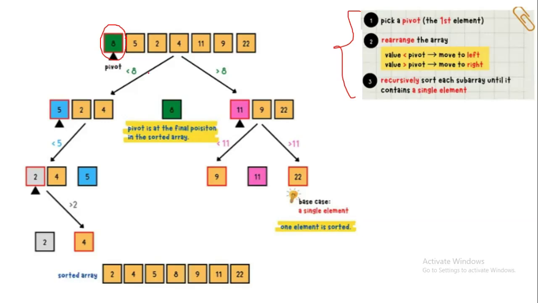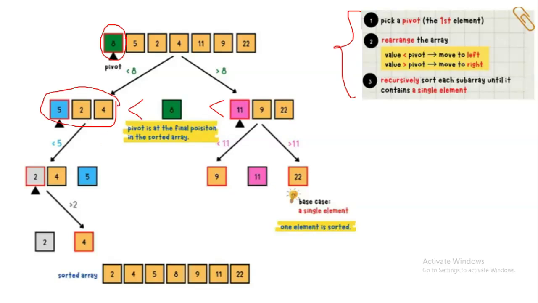After applying the second step, if you see, all the elements to the left are less than the pivot element, and all the elements to the right are greater than the pivot. The right side will contain the elements 11, 9, 22.